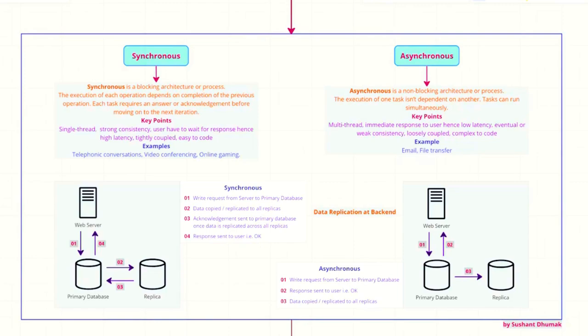You will not immediately get the latest information that is written to the database. Okay, so these are all trade-offs that we need to make when we design a system. We have to see, do we need consistent data? Okay, if we need it, then what kind of system do we use, synchronous or asynchronous? So we have to go through that thought process.